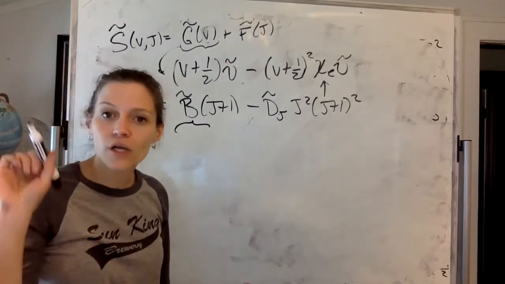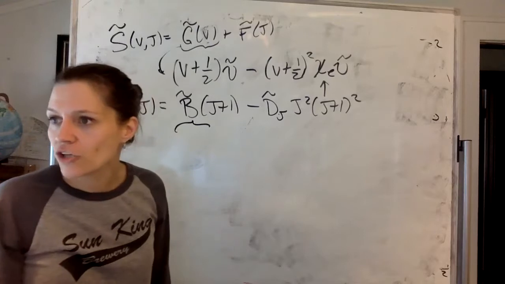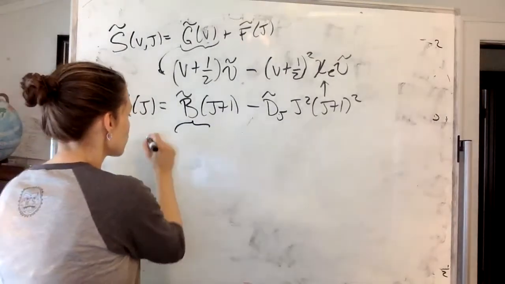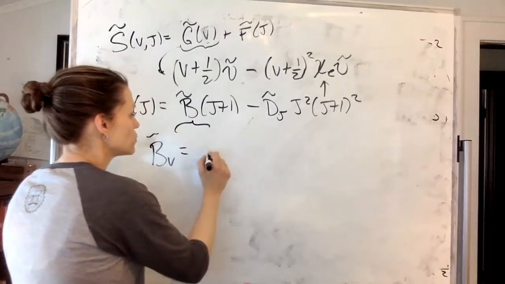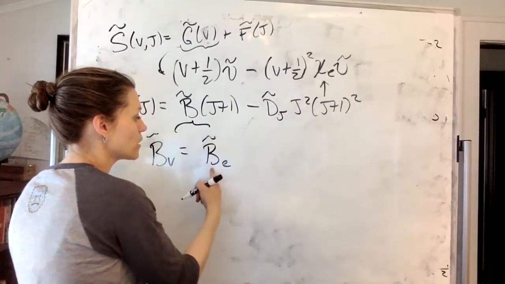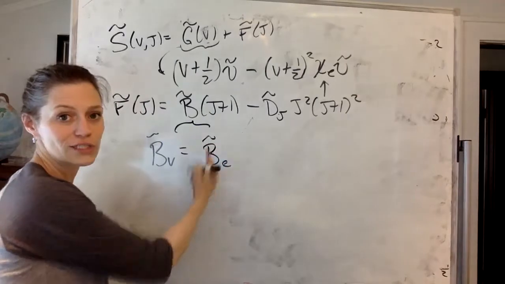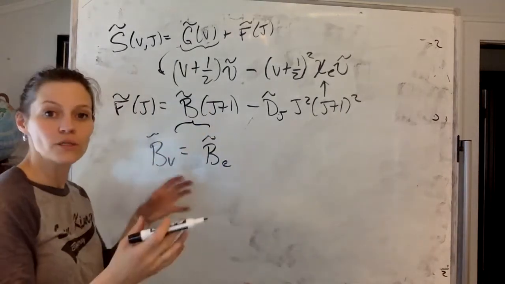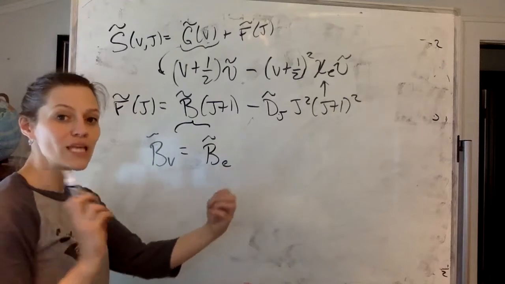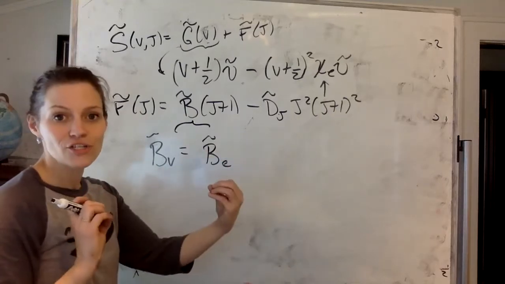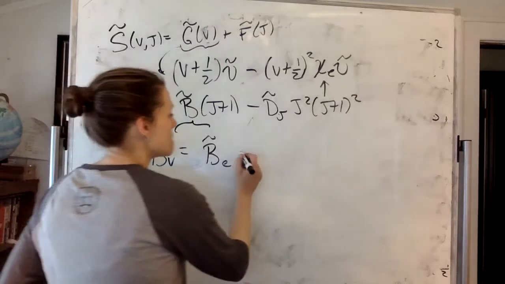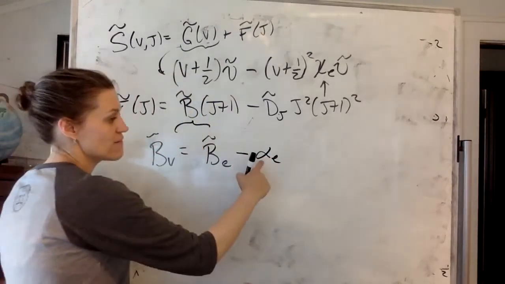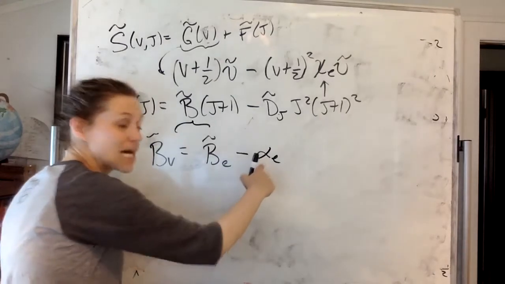So on page 3 of the HCl-DCl assignment, you'll find that I have noted that B here is really equal to B equilibrium. So this is the equilibrium rotational constant, which means it's the most likely or most probable equilibrium constant associated with the most probable equilibrium of the separation of the two nuclei, minus alpha E, where this is the vibrational rotational coupling constant.